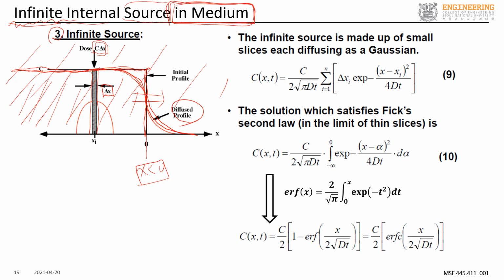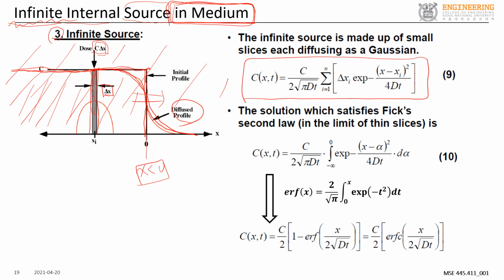So if you just look at this one small region, it's exactly the same as the limited source in medium problem, right? And you can use the superposition principle to combine the contributions from all these small pieces. So this is kind of the idea.